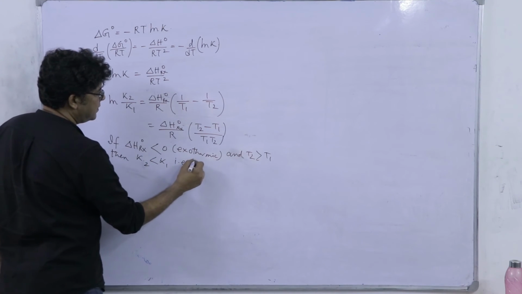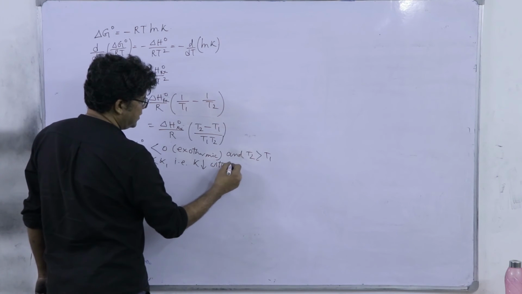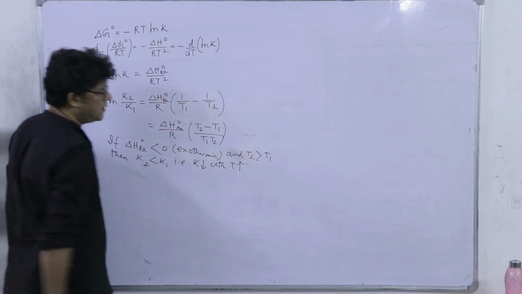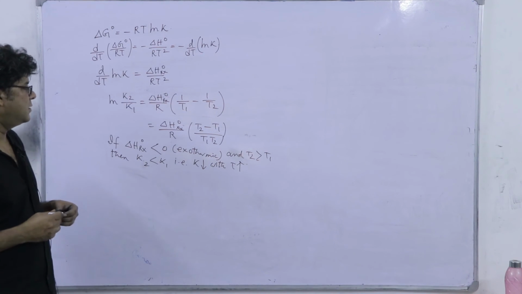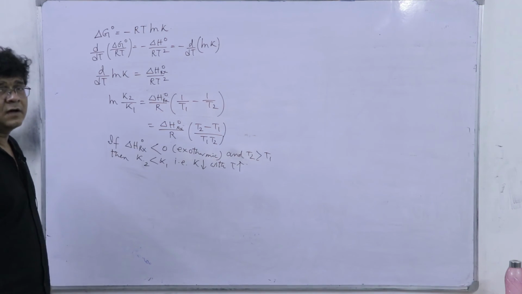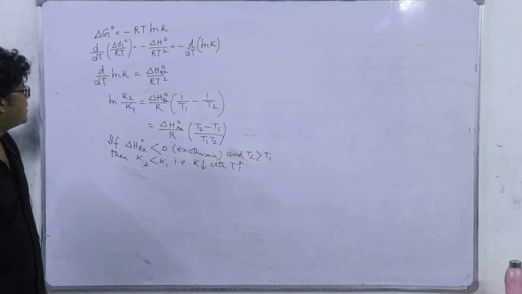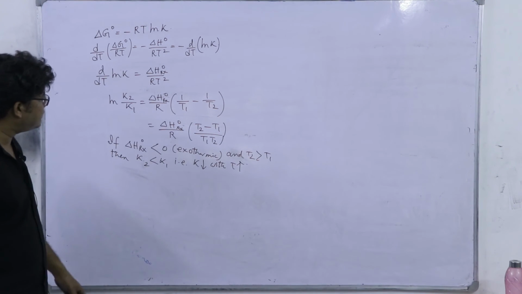That is, K decreases with increasing T. That is the typical quantitative form of what we know qualitatively as Le Chatelier's principle. So that is the typical Van 't Hoff isochore.